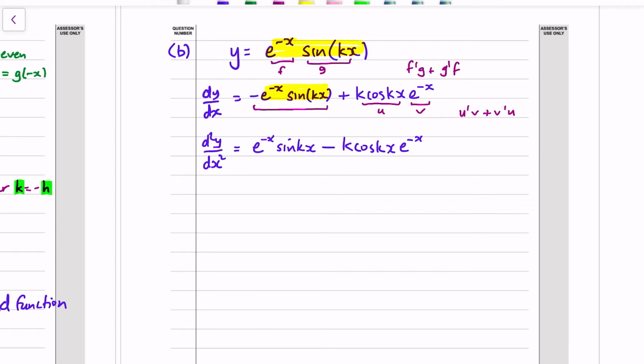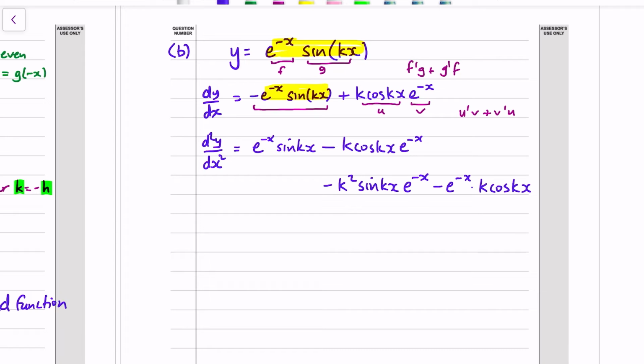So we're going to get minus k squared sine kx times e to the minus x, and then v dash is going to be minus e to the minus x times k cos kx.